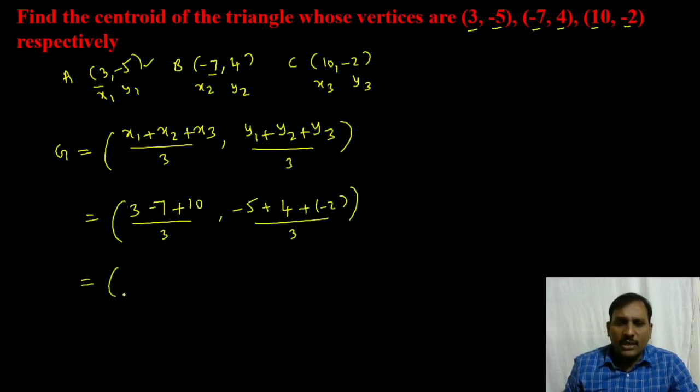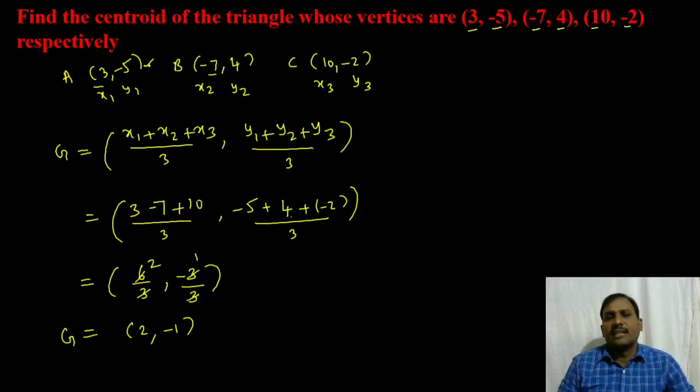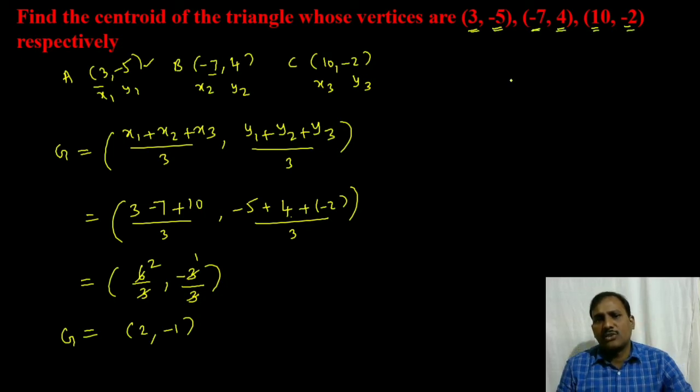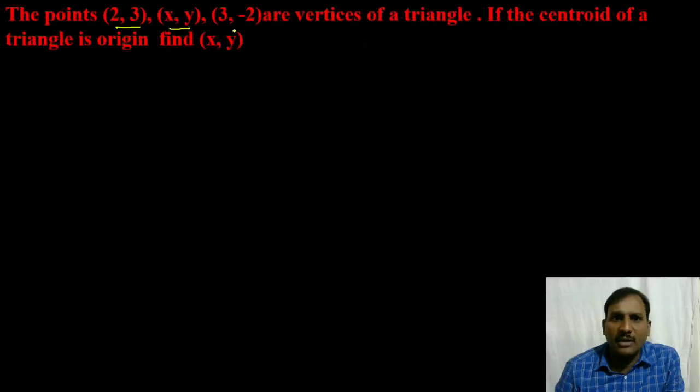So that is equal to (3 minus 7 plus 10), that is 6, by 3; (minus 5 plus 4 minus 1), minus 1 minus 2 is minus 3, by 3. If you simplify this, 2 and minus 1 is the centroid of the triangle whose vertices are (3, minus 5), (minus 7, 4), (10, minus 2). Okay.